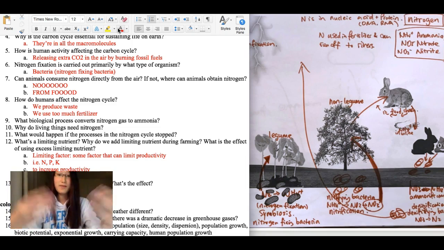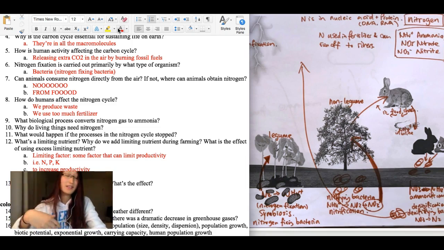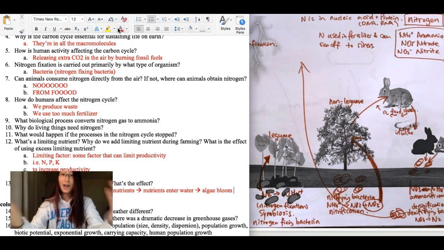So then if it's in the soil and it rains, or you water your plants, you could have runoff of the nutrients. And then the nutrients enter water. So now your ponds and the ocean will have too many nutrients, and this will cause an algae bloom, because the algae will then use the nutrients and then produce way too much algae.